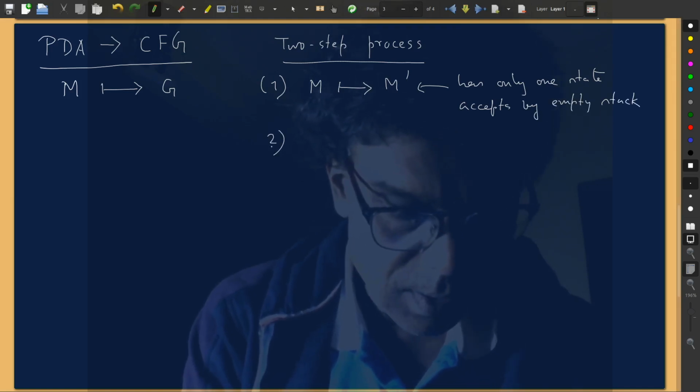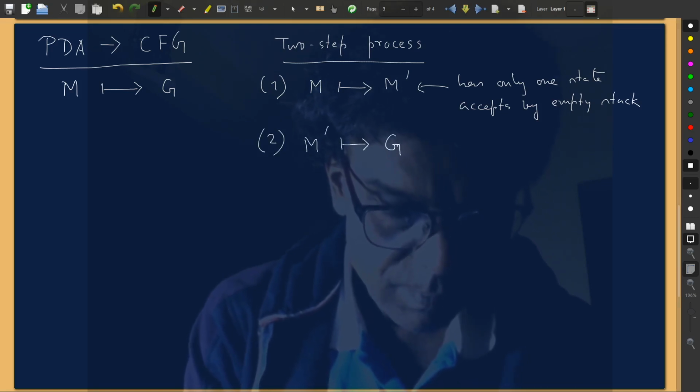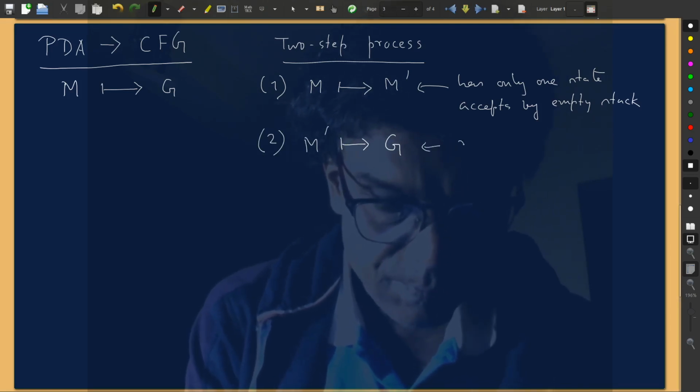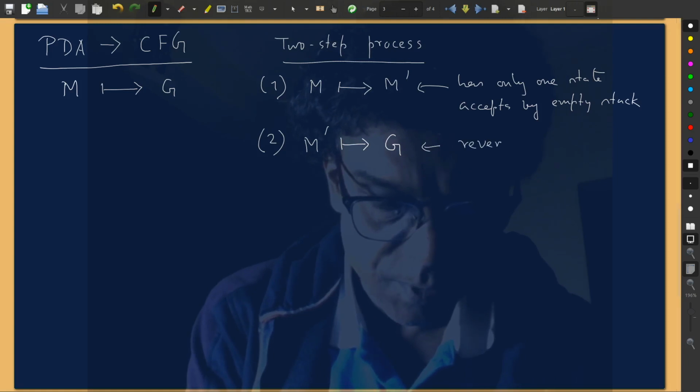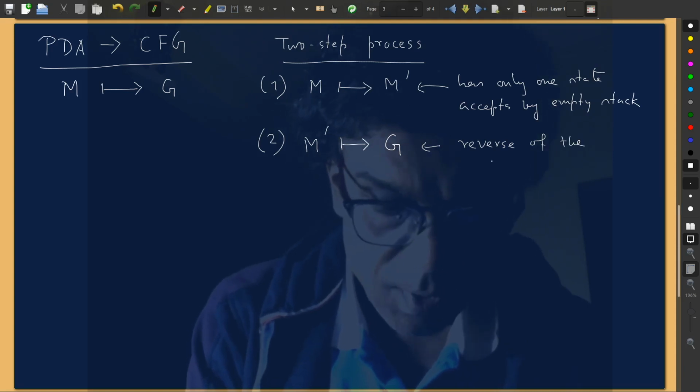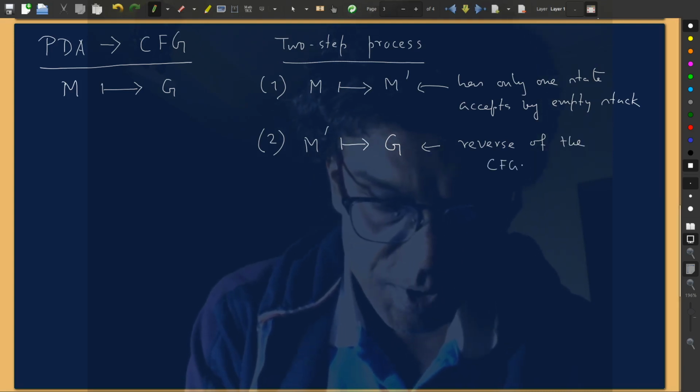Second, I will convert this M prime to a grammar. Okay, so this is basically the reverse of the CFG to PDA conversion process.